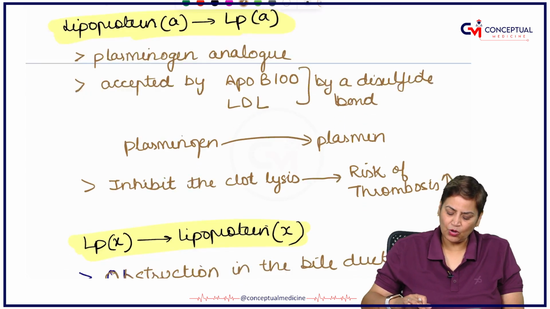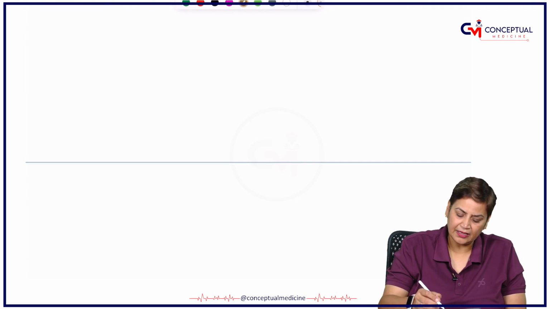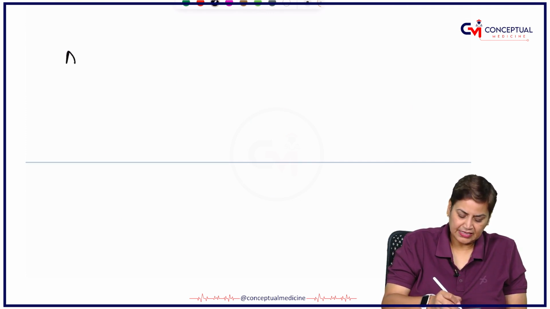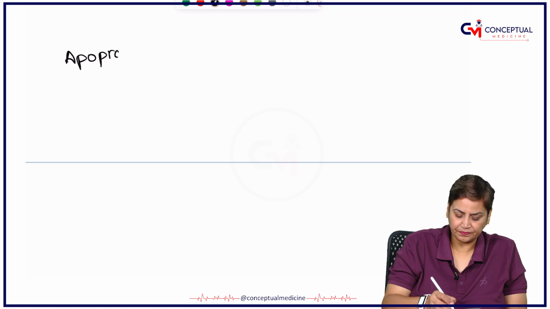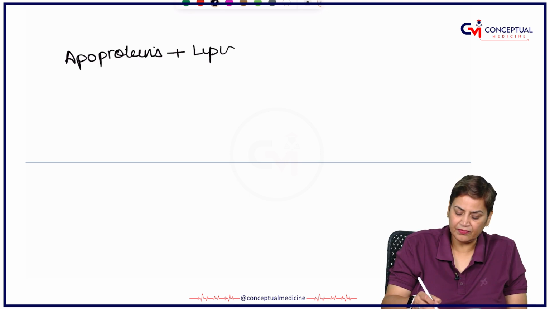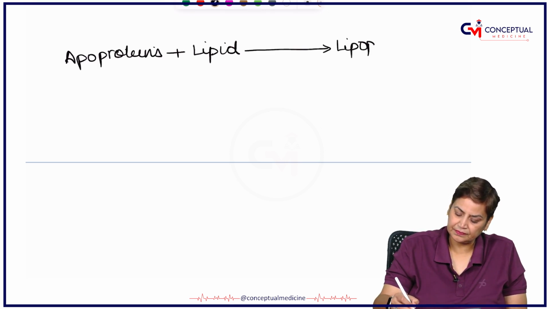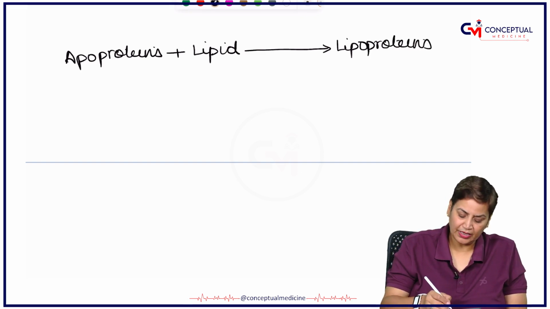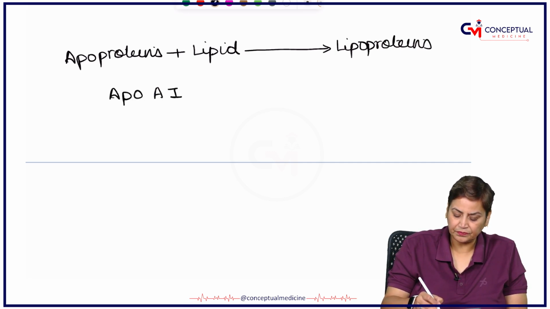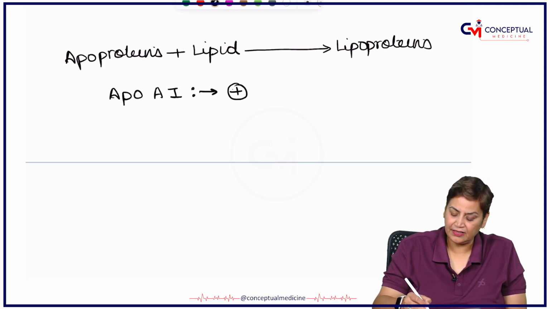So overall, if we talk about the apoproteins and lipoproteins, we saw that when these apoproteins combine with the lipid fraction, they form the lipoproteins. And what are the different types of apoproteins? Apo A1 always activates LCAT.